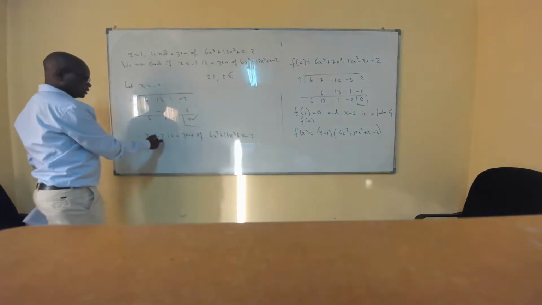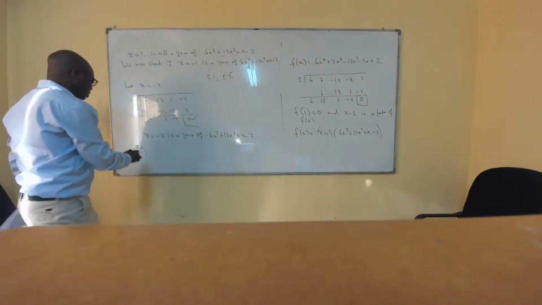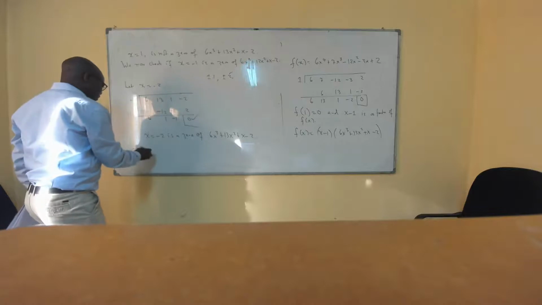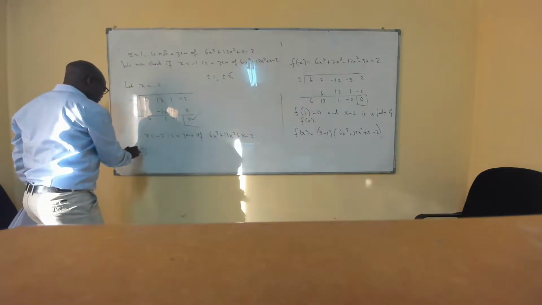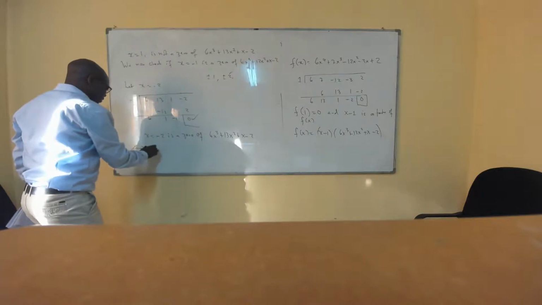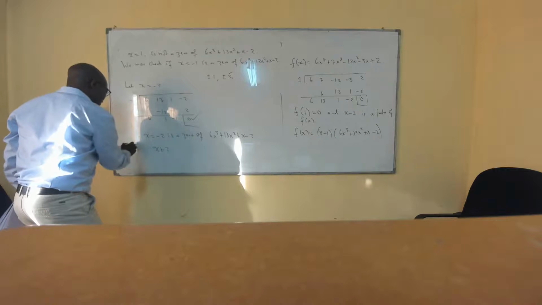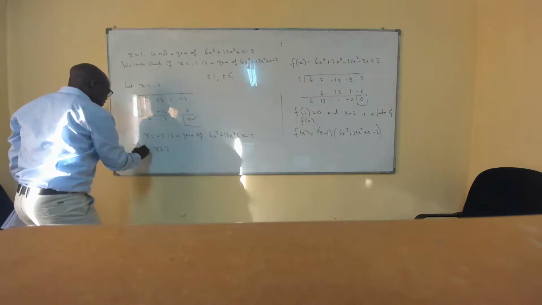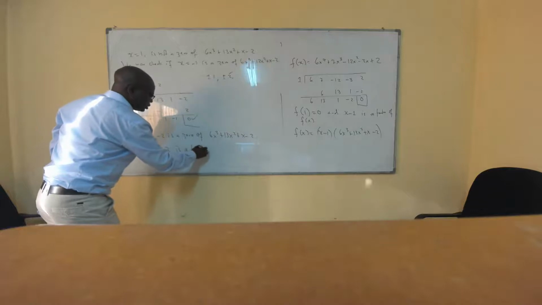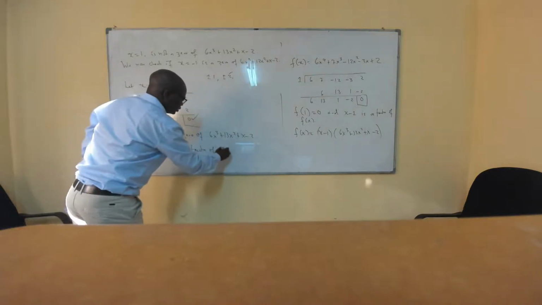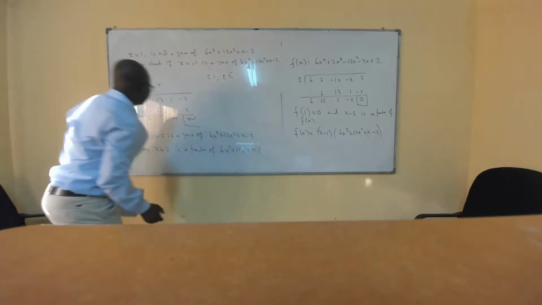Okay, so if this is a 0, what it means is that x plus 2 is a factor of 6x cubed plus 13x squared plus x minus 2. So it's a factor.